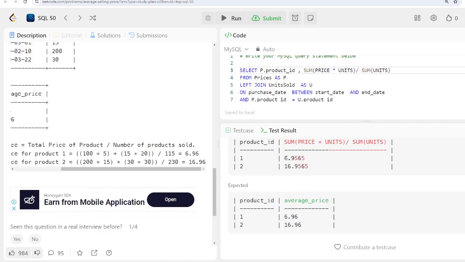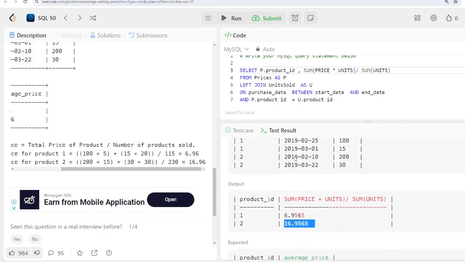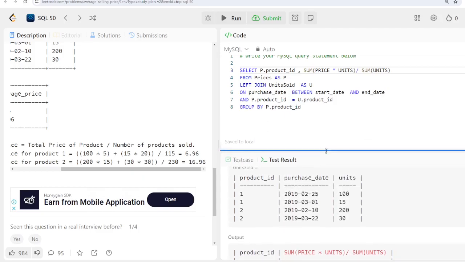So basically we have to round these numbers to 2 decimal places. So for that I can use the round function. So here I will use the round function, round this to 2 decimal places. All right, and now let me run this.